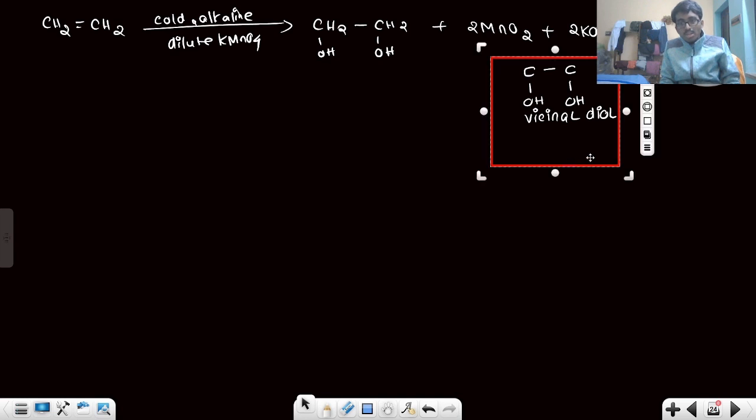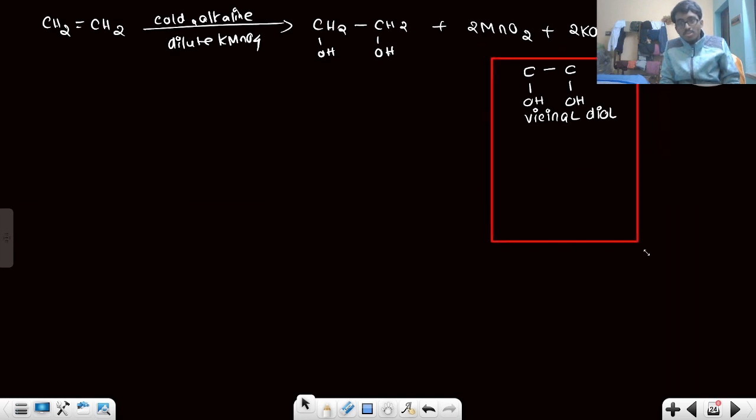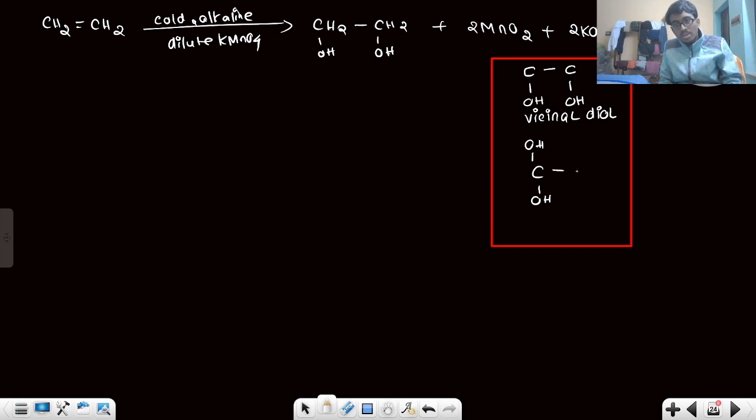Now similarly, if there are two OH groups on the same carbon, then we call it a geminal diol.